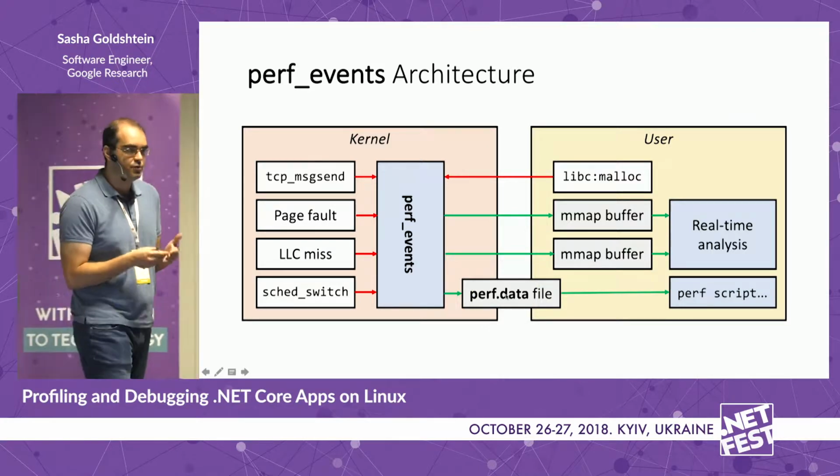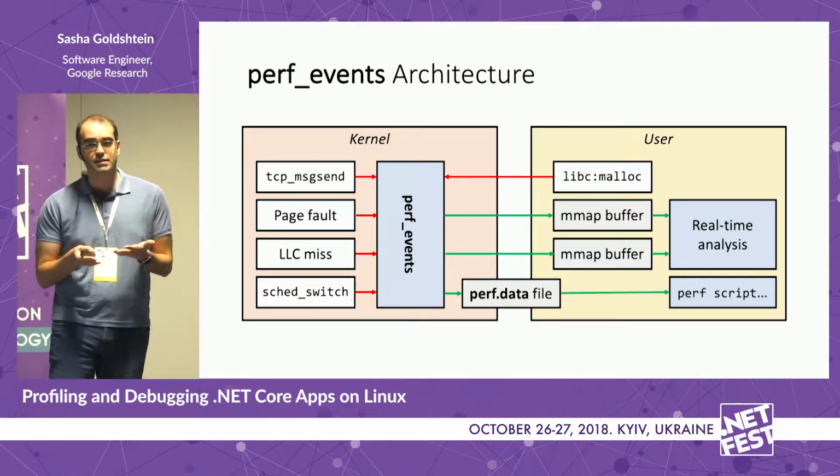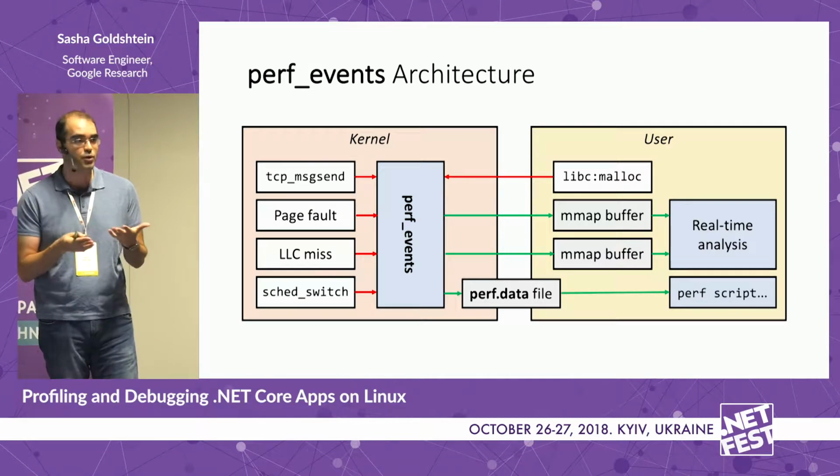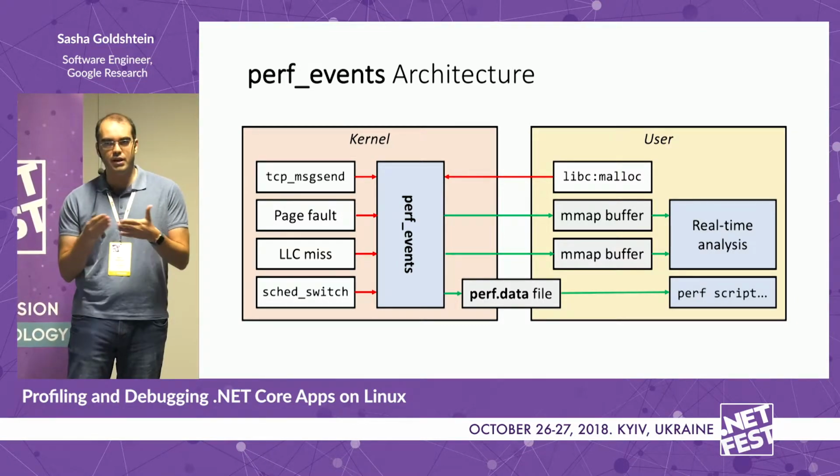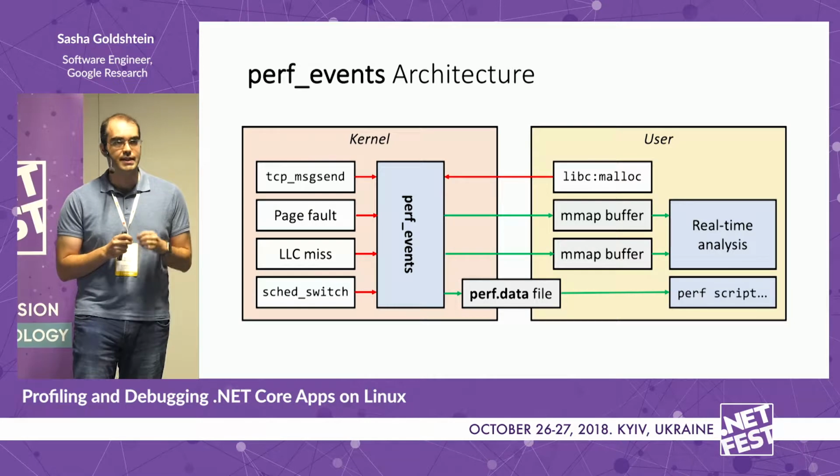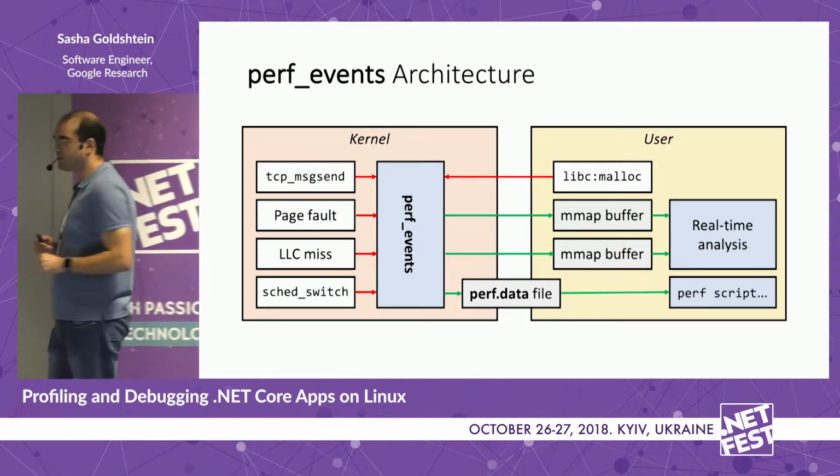But most people use the file approach because it's a lot easier and there's a lot more tools that actually work that way, and not the real-time approach, which is a lot more sensitive. So that's the basic story.